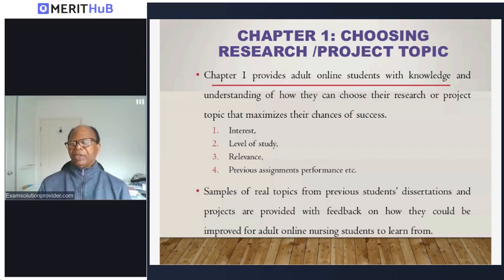Obviously, understanding this particular area helps you to choose the topic that is relevant. So some of the considerations you need to make, the first one is going to be the interest.